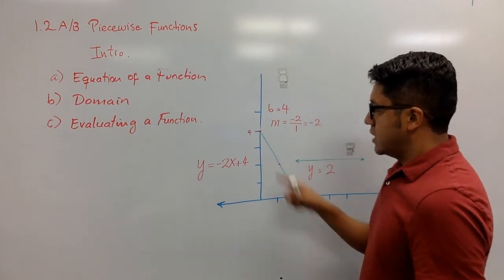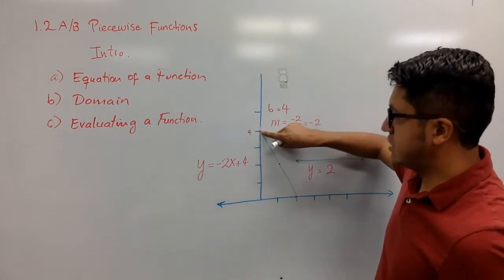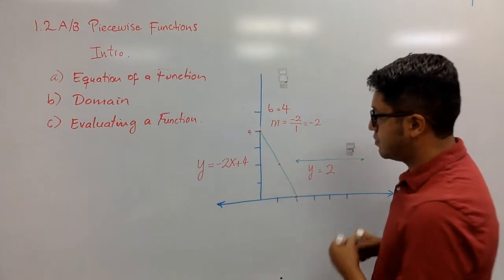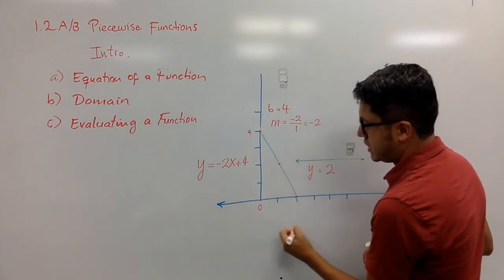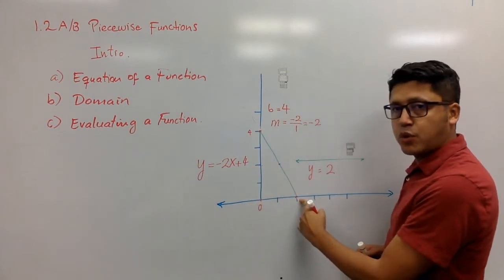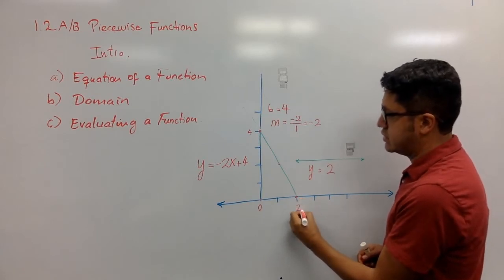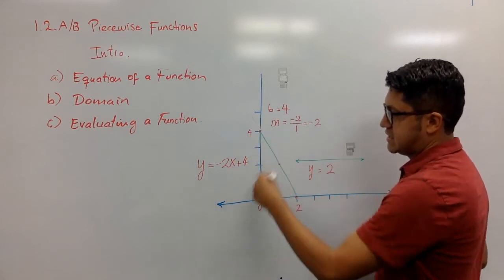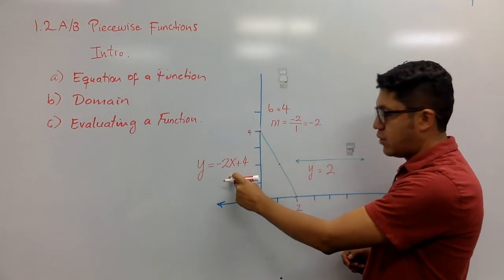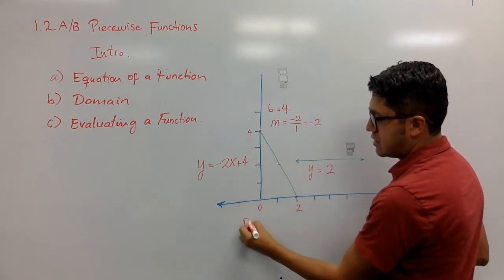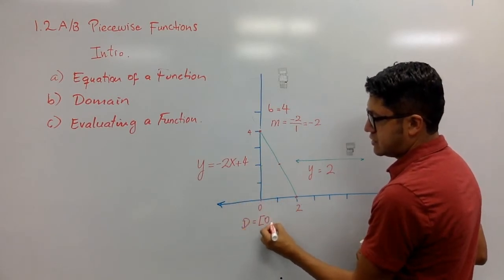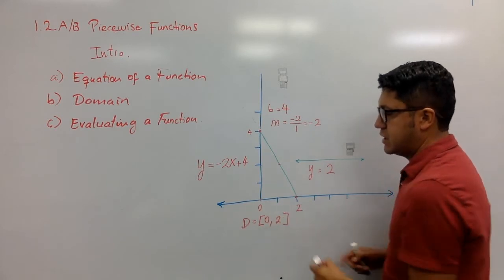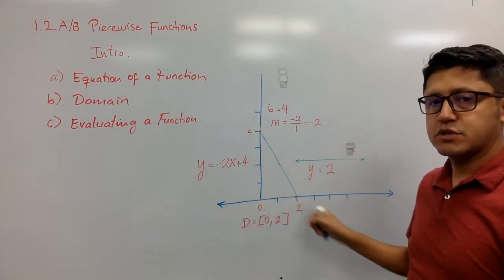So in this case, you start at this point. What is the x value of this point? It's a 0 right here, and the end point is right here where x is 2. So this function that has this equation has a domain of 0 to 2, meaning that it goes just from this point to this point.